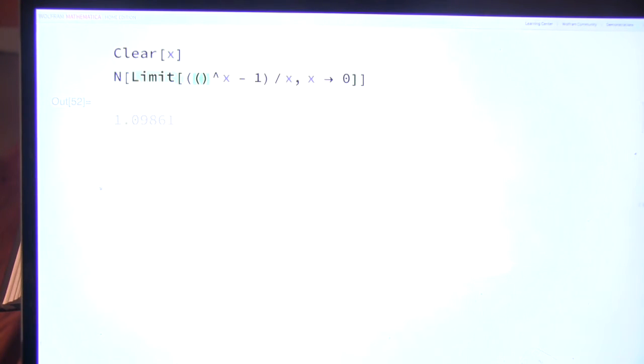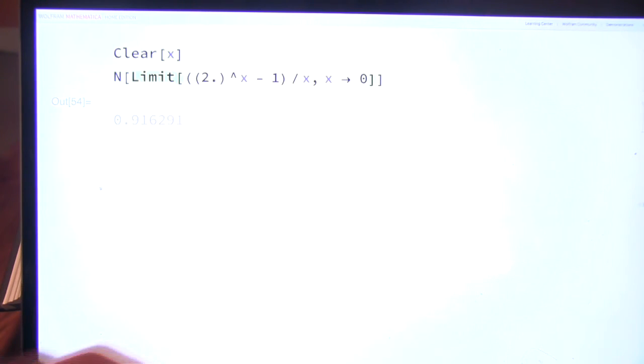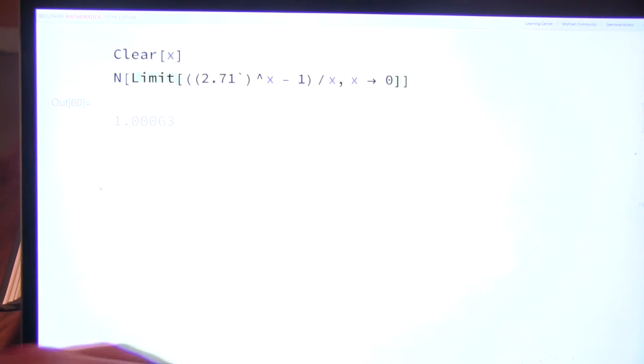Let's check like 2.5. Close. 2.75. Oops, it's a bit over. 2.725. Still a little bit over. 2.7. 2.71.